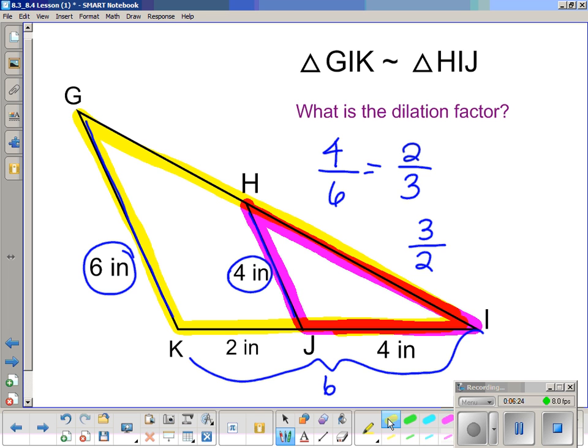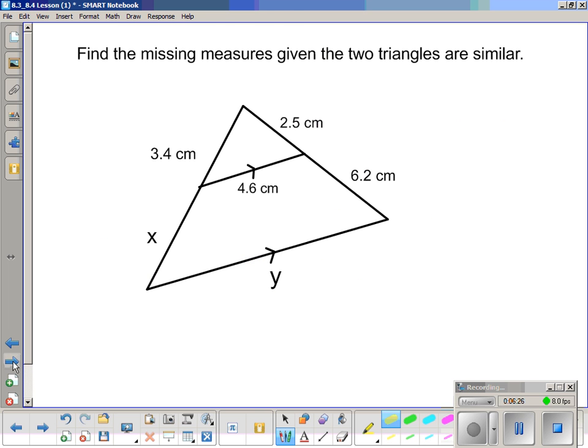Okay. So now we're going to use what we know about similar triangles to find missing measures. So the first thing you got to remember is we need to know one ratio that we have both sides of. So this goes back to the same picture, big small triangle, and my big triangle here.